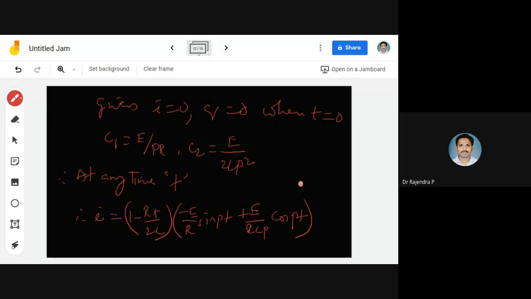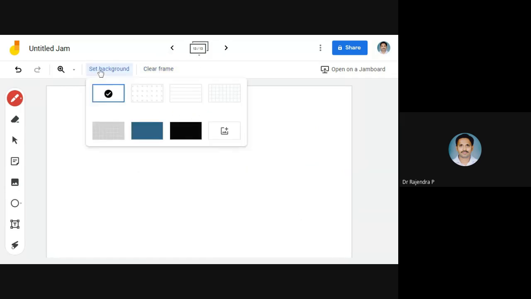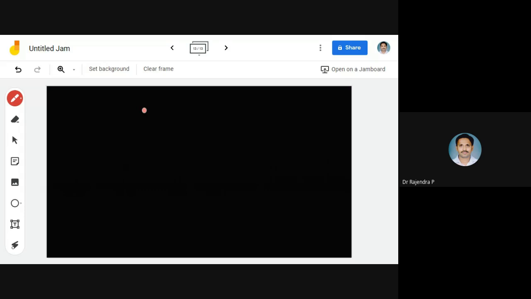And then minus, I will write this in the next slide, minus R by 2L into E by PR cos pt. I'm not doing any wonders here.